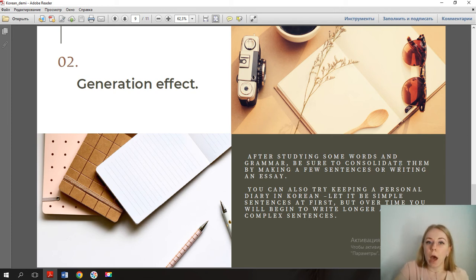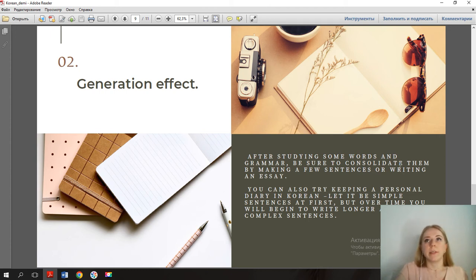For example, you studied today maybe 10 or 12 or 20 words, and you have written them down and learned them. Then you can create some sentences with them, or make a story with them.